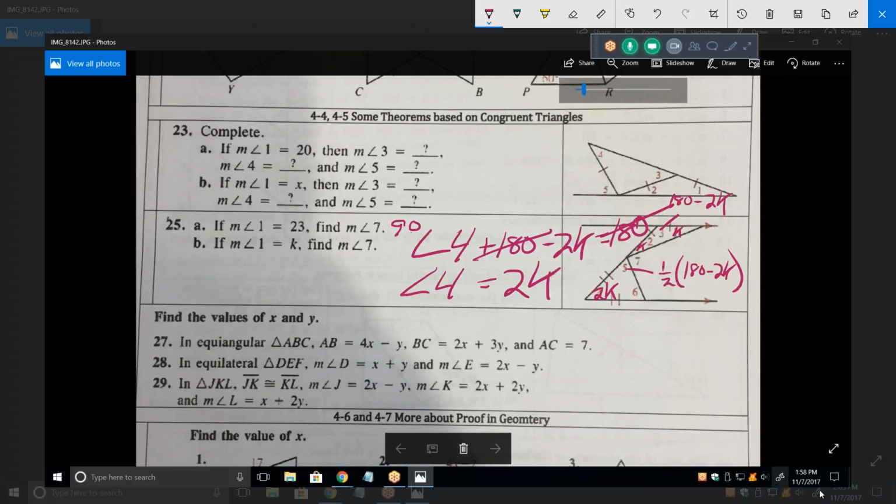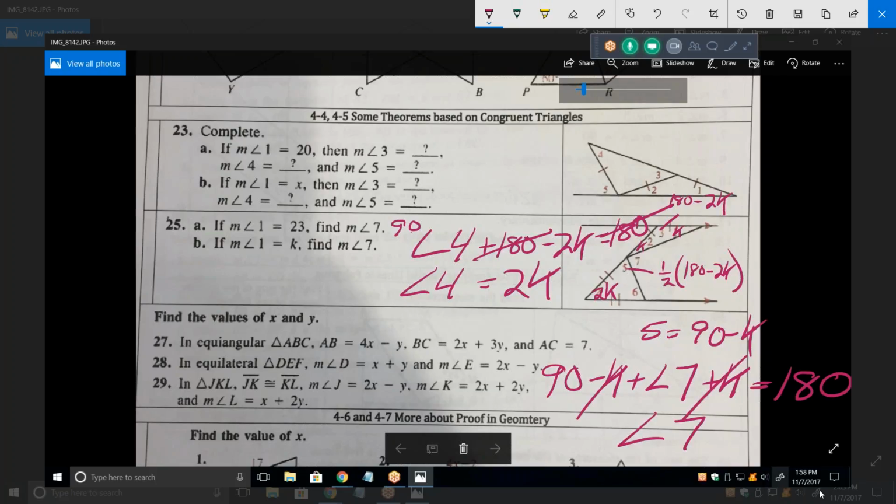So 5 is 90 minus K. And we know that 5, 7, and 2 add to 180. So we got 90 minus K plus angle 7 plus K equals 180. K's cancel. Angle 7 equals 90.